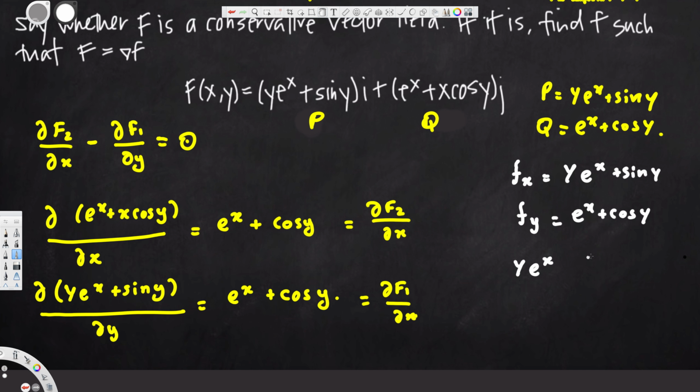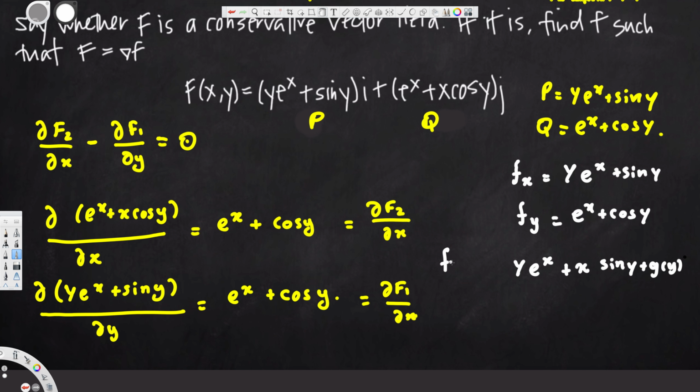If we integrate sin y with respect to x, it becomes x sin y. Also, since we are integrating with respect to x, we are going to have a g of y function.